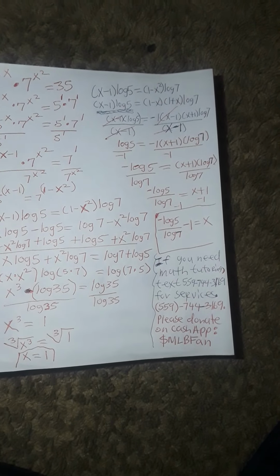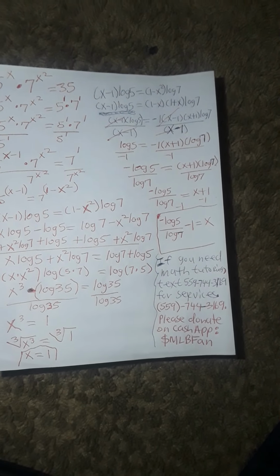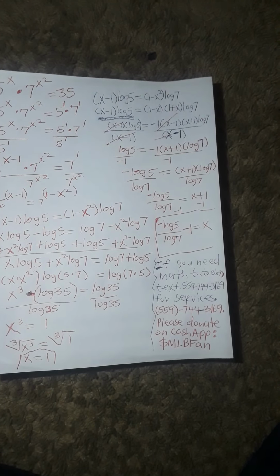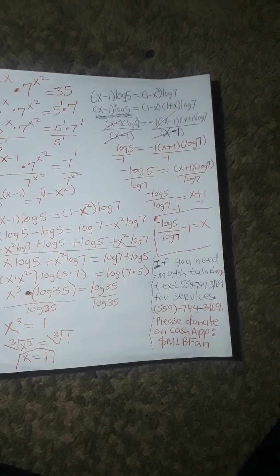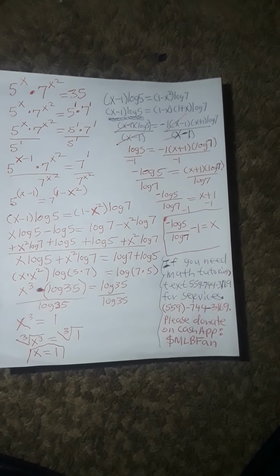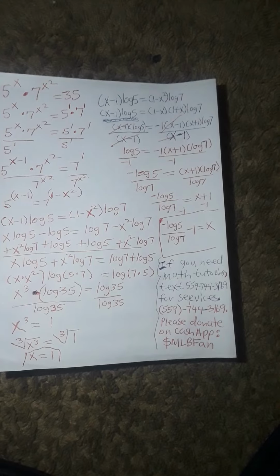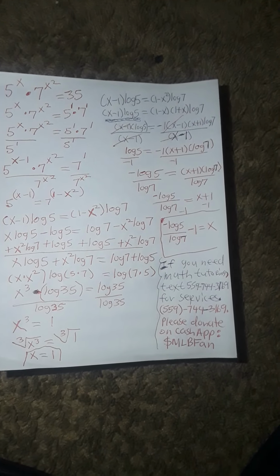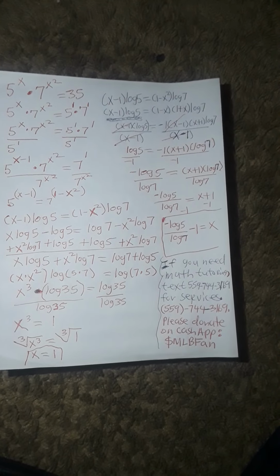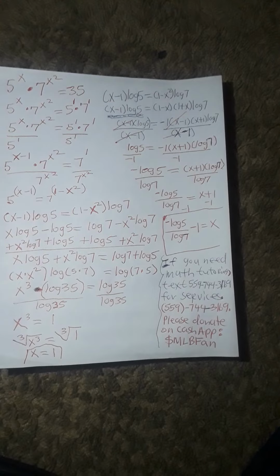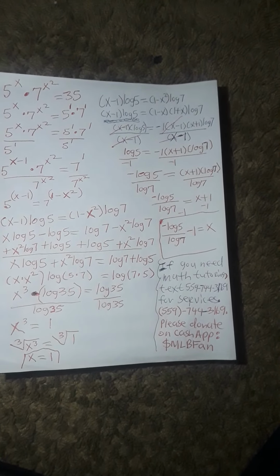Then we divide both sides by log of 7 to obtain negative log 5 divided by log 7 is equal to x plus 1. Then we need to subtract 1 from both sides to obtain negative log 5 divided by log 7 minus 1 is equal to x. That is the second solution.